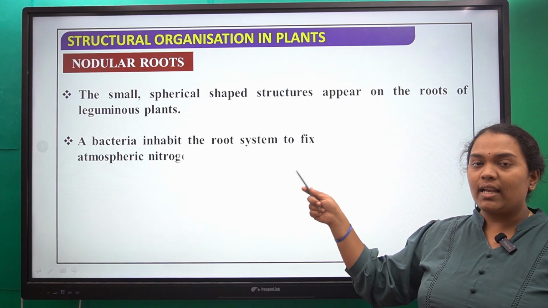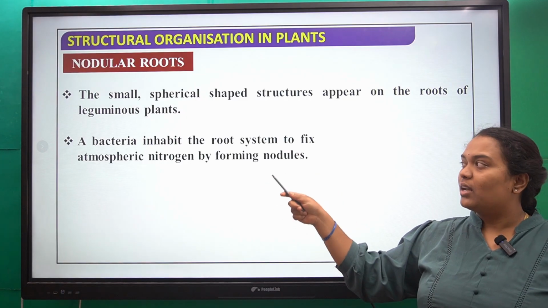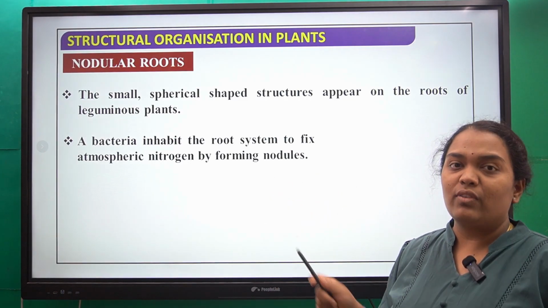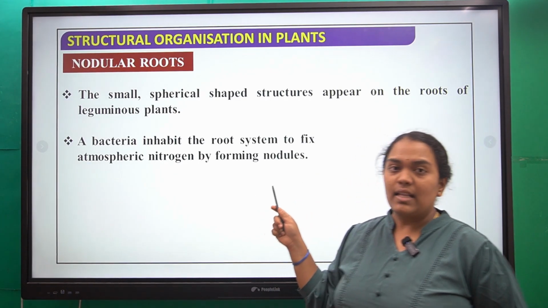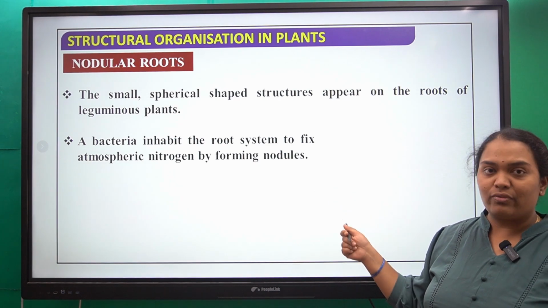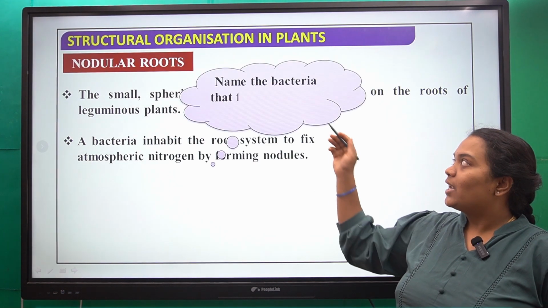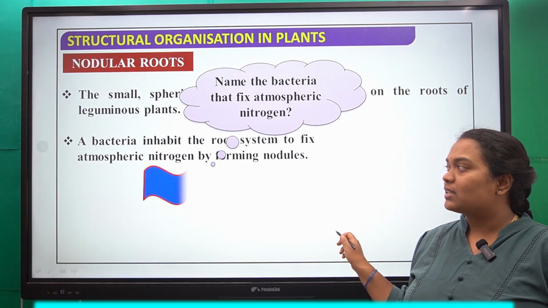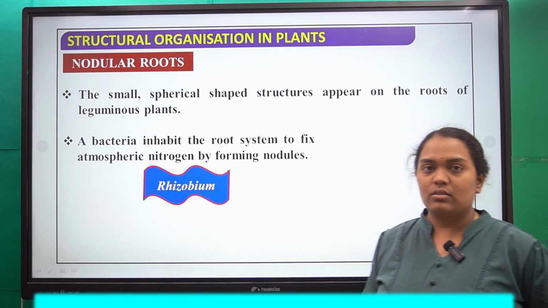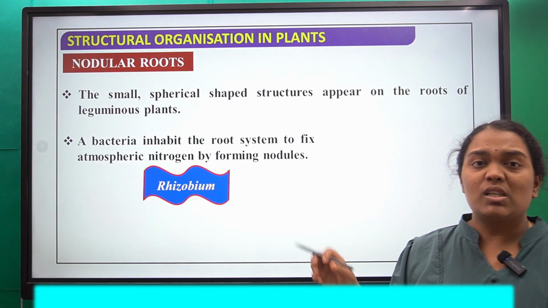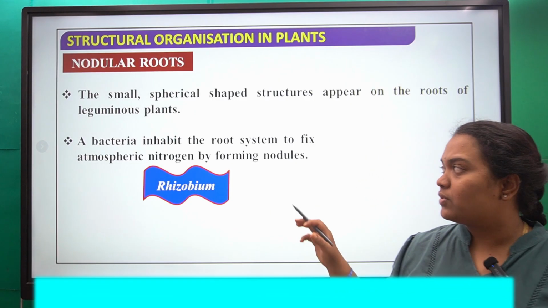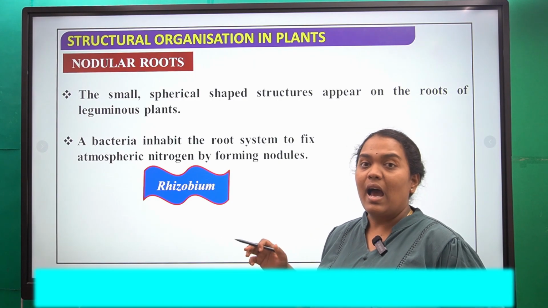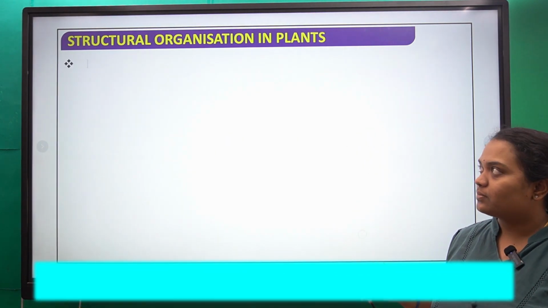So bacteria inhabit the roots to fix what? Atmospheric nitrogen. Whatever atmospheric nitrogen is there is being taken up by the forming nodules. The name of the bacteria that fix it is Rhizobium. So Rhizobium is a bacteria present in the roots of these organisms, fixing the atmospheric nitrogen.